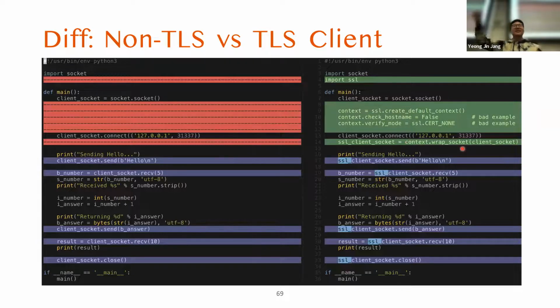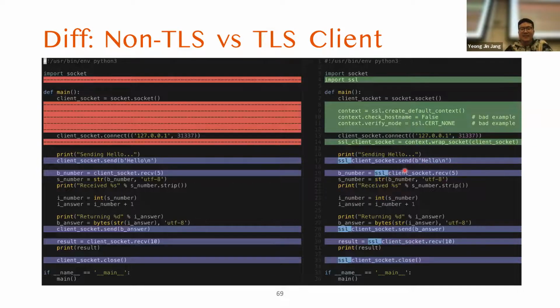So after having the connection, we wrap the socket with TLS. You can regard this as plugging TLS into the socket. Yeah, that's it. And when I plug in the socket, I change the variable name to SSL client socket, and that's why I need to change the socket name to SSL client socket. But if I use the same name, just client socket, then I don't have to change these lines.